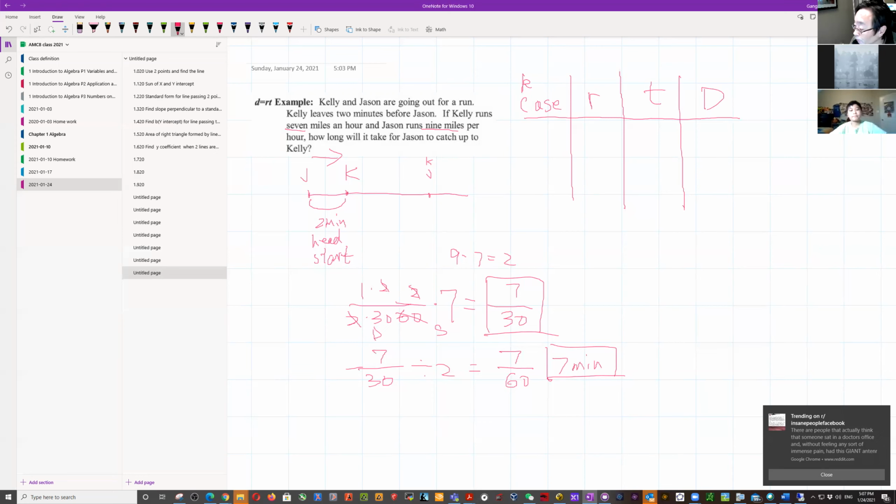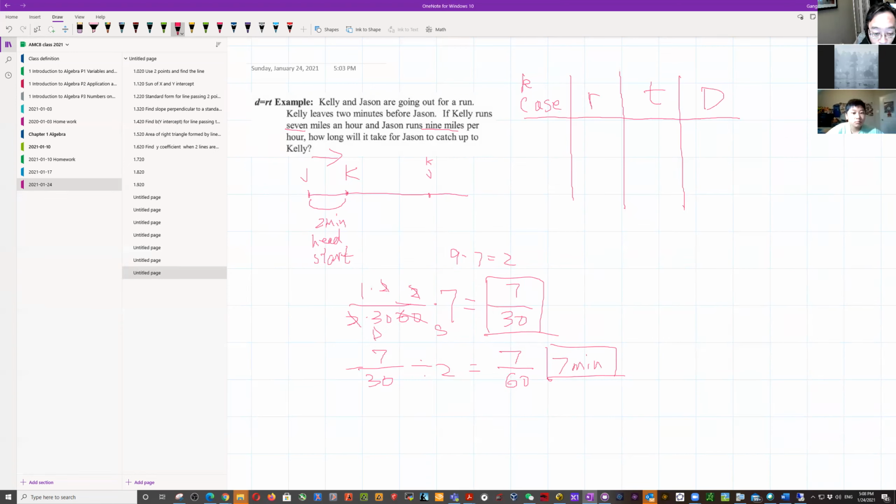If you have no concept of relative speed, then we have to set up 2 variables. One variable, for example, is the distance when they catch up. Let's say the distance is D. So D is here.